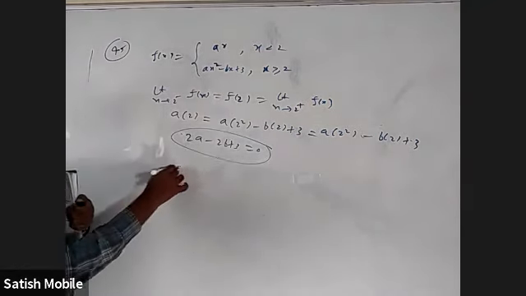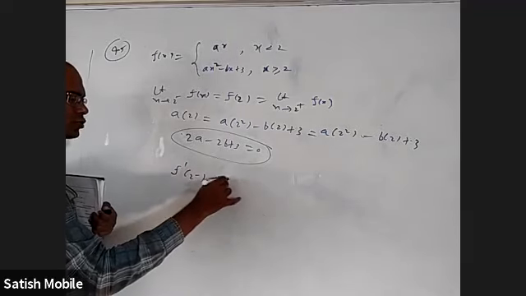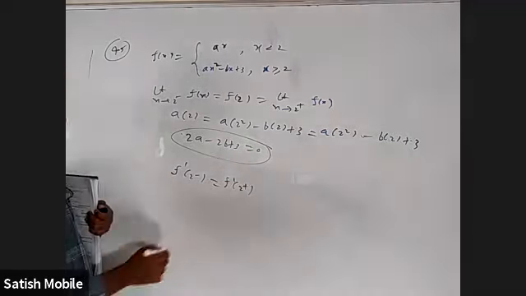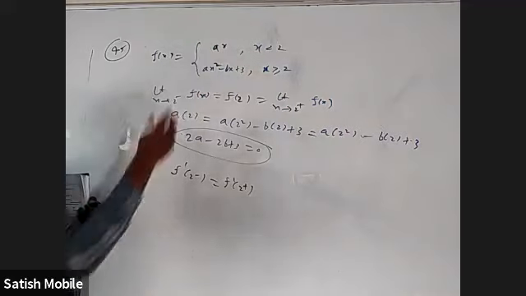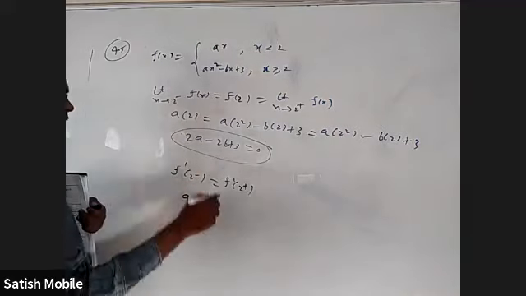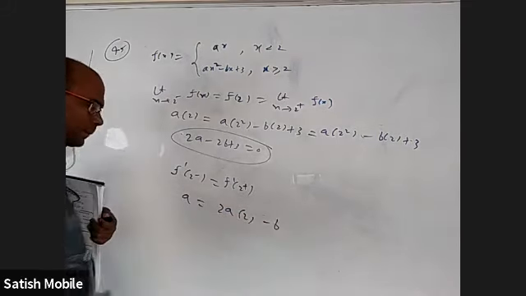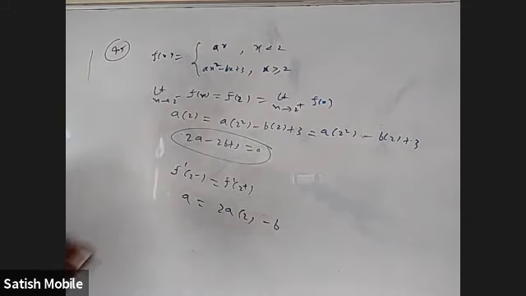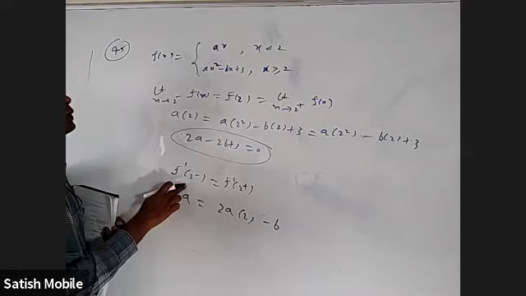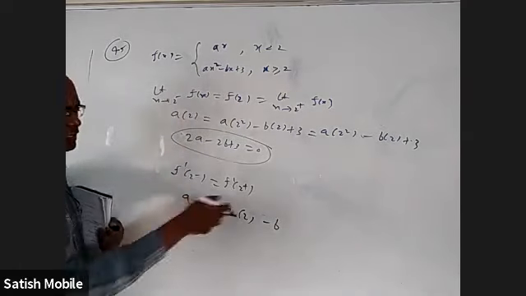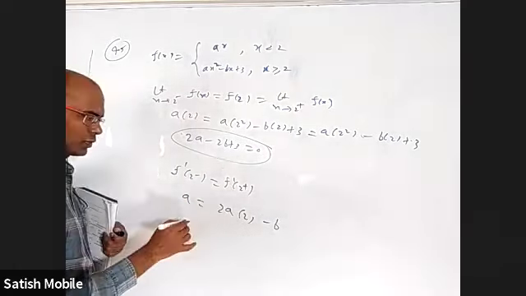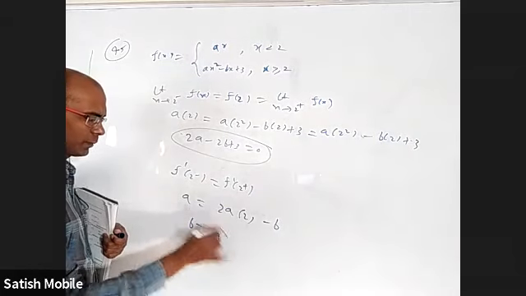We want to check differentiability. F dash 2 minus will be the same as f dash 2 plus. The left hand derivative at 2 is a. Right hand derivative is 2ax minus b, that is 4a minus b. Okay, so this is the left hand derivative after substituting 2, and this is the right hand derivative. So differentiate and then substitute. So we got b is equal to 3a.